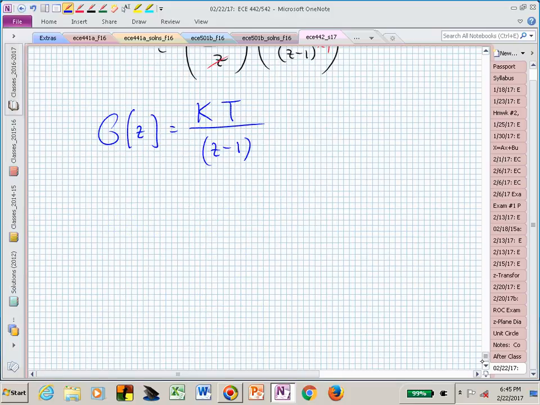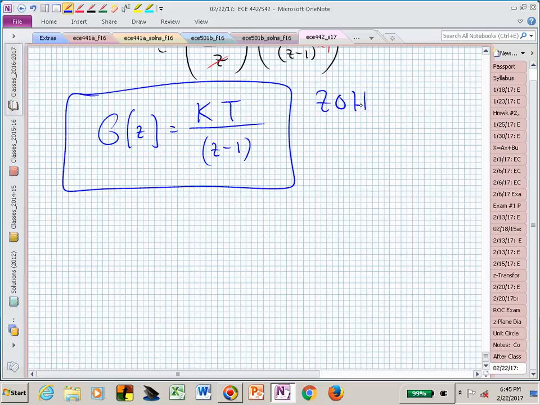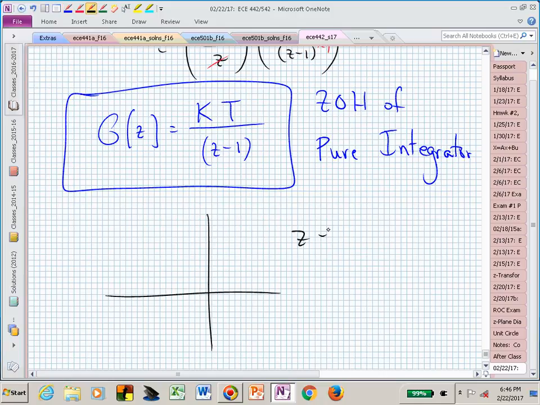And what's that look like in terms of the Z-plane pole zero diagram? This is now the zero order hold of a pure integrator. What do you see?